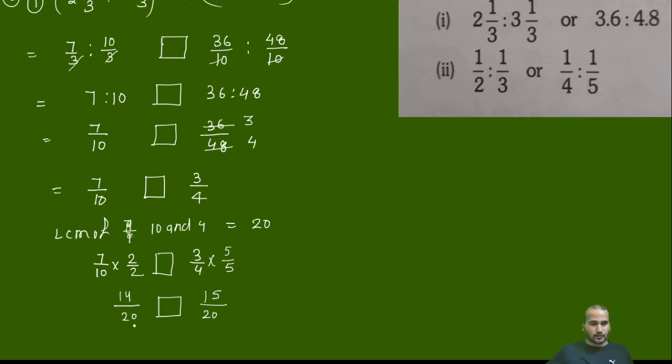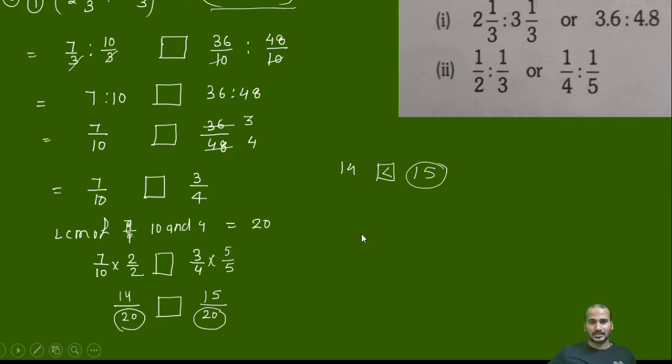Now just forget the denominator. My dear students, you will get 14 and, in the bracket, 15. Now tell me which number is greater. Definitely 15 is greater, and 15 is the value of 3.6 ratio 4.8.